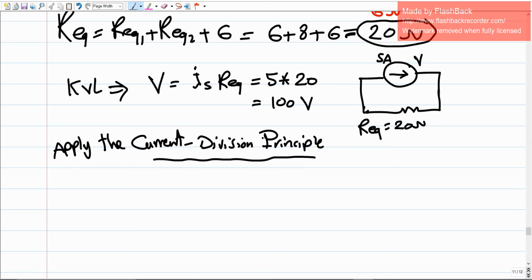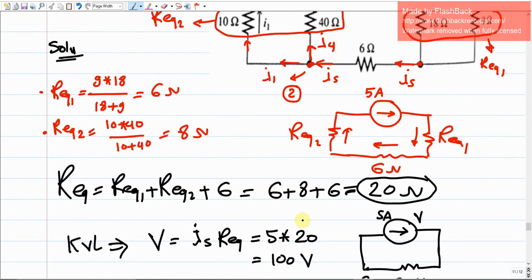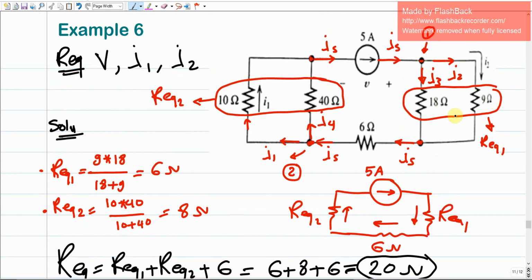Make sense? The current division principle states that for any two parallel resistances like the 8 and the 9, the current over I2 depends on the resistances of these two, or I3. So basically IS has been split into I2 and I3.